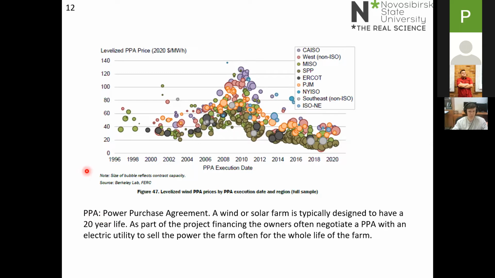And the way it works is that a wind or a solar farm is typically designed to have a 20-year lifetime. So if I'm considering installing a wind farm, then all the calculations that I will do on return on investment, maintenance, and all those sorts of issues would be based on assuming that the wind farm is going to last for about 20 years.